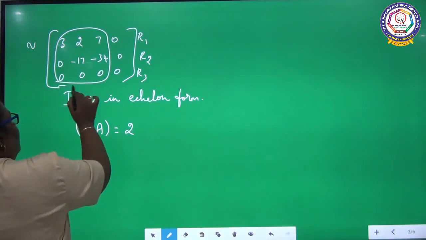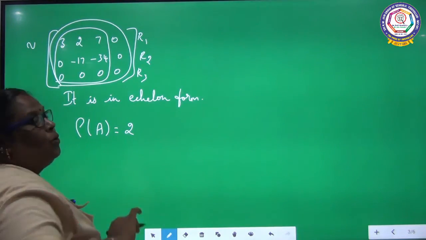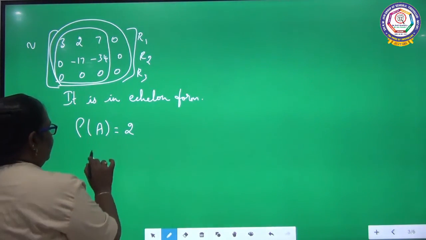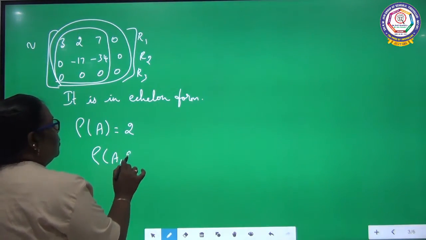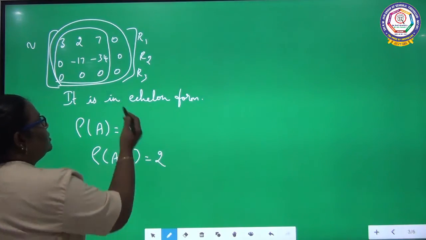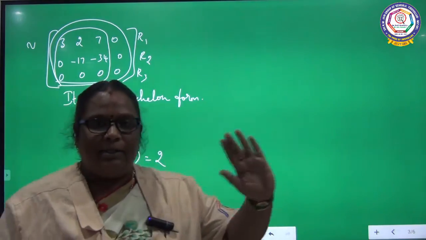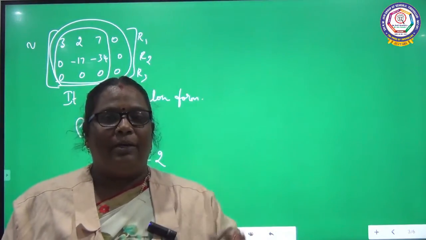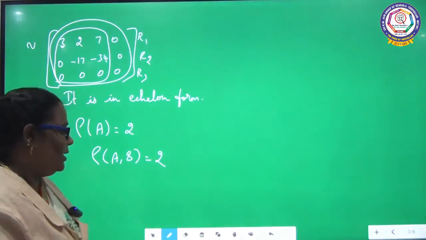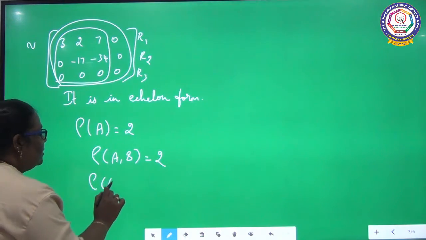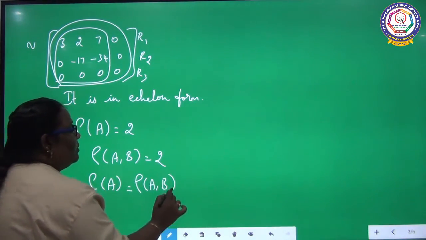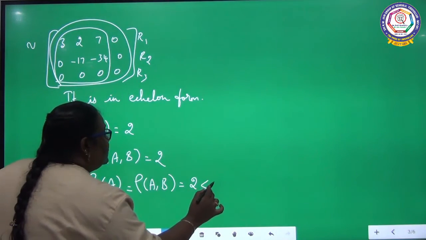What is the rank of AB? Rank of AB is nothing but rho of AB. Rho of AB is equal to 2. Since one row is fully a zero row, rank of A equals 2 and rank of AB equals 2. What is the condition? Rho of A equal to rho of AB equal to 2, less than n.